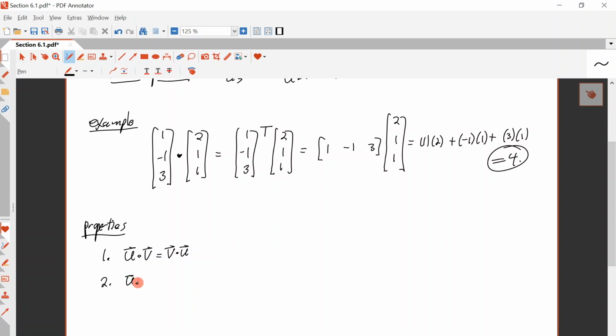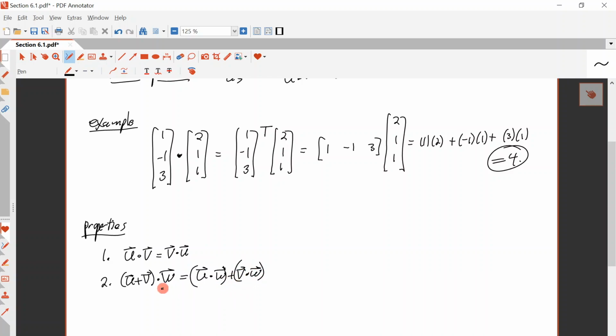Two, it distributes over vector addition. So this is the sum of u and v, and this is some vector w. If you take the sum of u and v, the dot product with w, this is u dot w plus v dot w. So this is a real number and that's a real number.